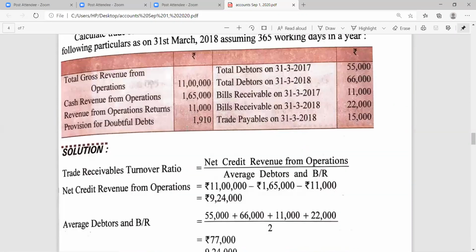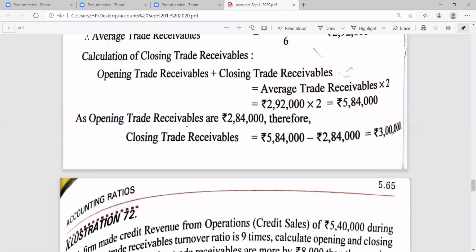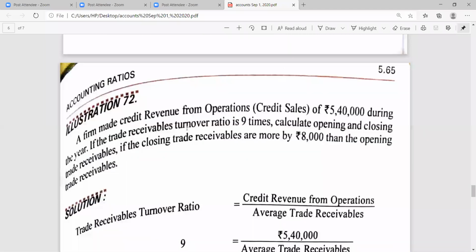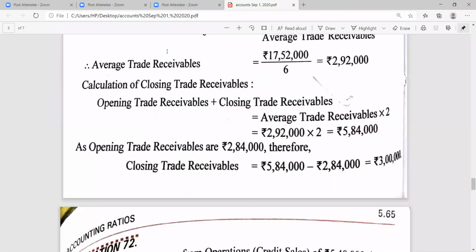I'm just giving you 2 minutes, just have a look. If you find any difficulty, any query in any question up to the 73 illustration, please ask. And I request sir to unmute the students and allow them to take their queries if they have any. Dear students, please have a look. If you have any difficulty, please ask.